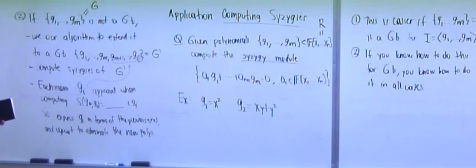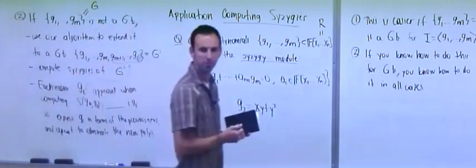Now, does anybody notice something about that example? Those two simple syzygies. Those are the two simplest relations between G1 and G2.